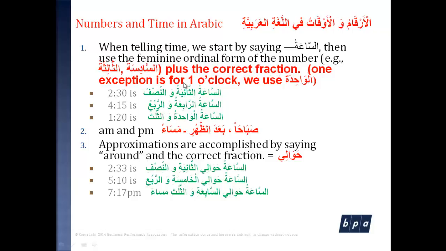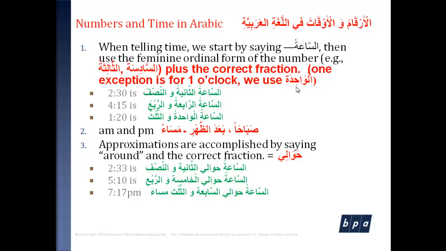There's one exception to this. When we do 1 o'clock, we use الواحدة, not الأول or الأولى. If you recall in previous slides, الأول is the first masculine, and الأولى is the first feminine.